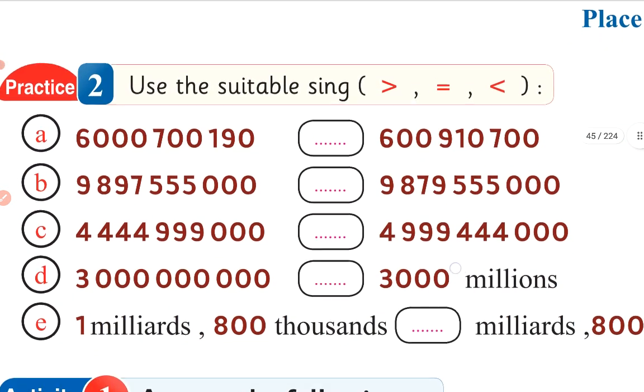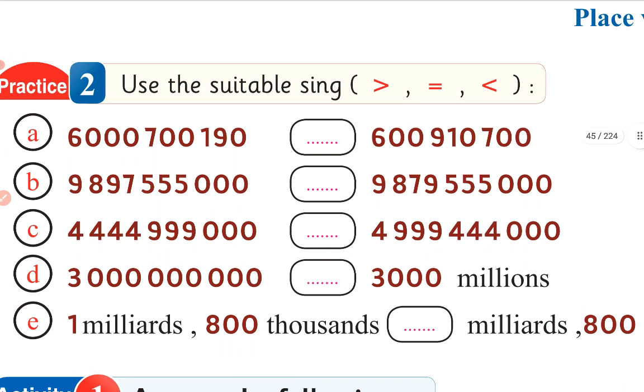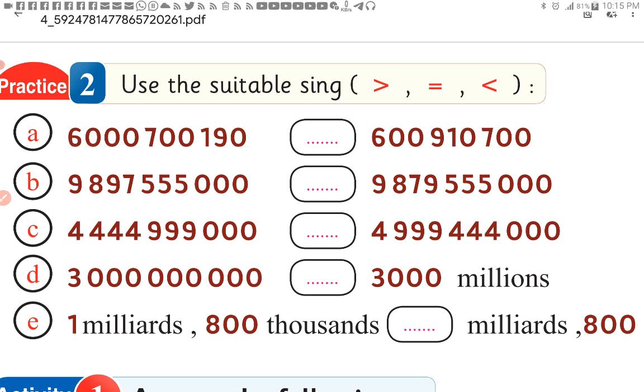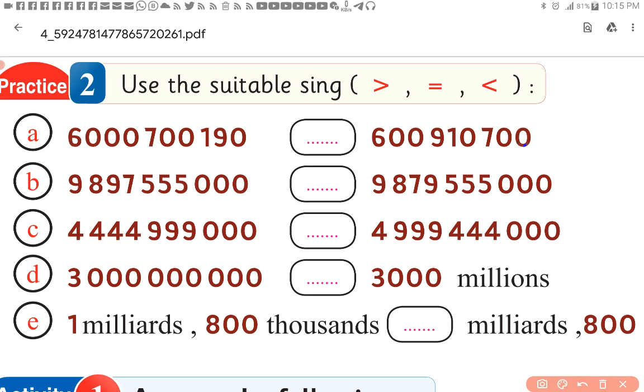Now compare using the signs greater than, equal, or smaller than to compare between the two numbers. At first count number of digits. Here 1 2 3 4 5 6 7 8 9 10, and here 1 2 3 4 5 6 7 8 9.